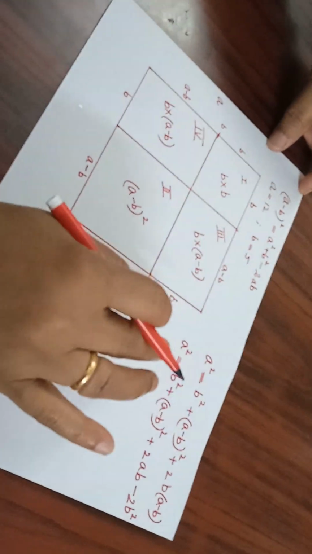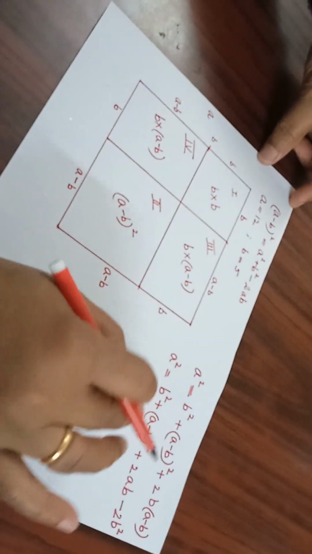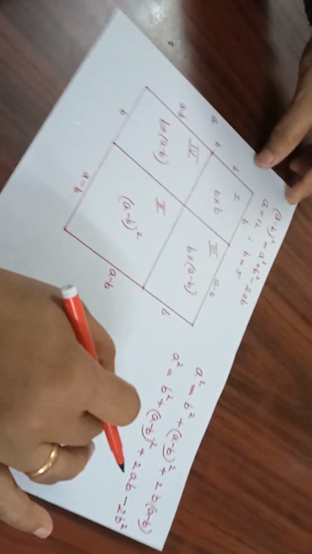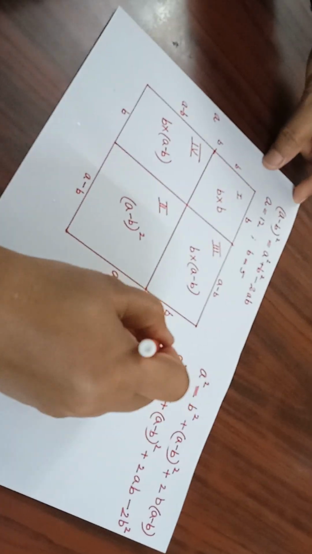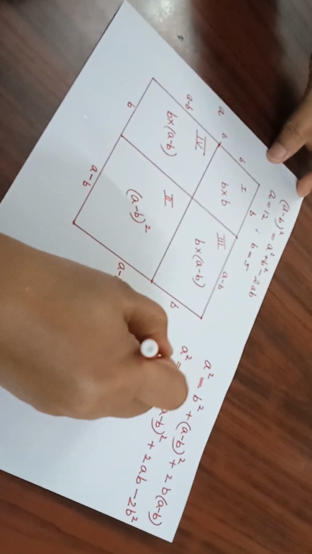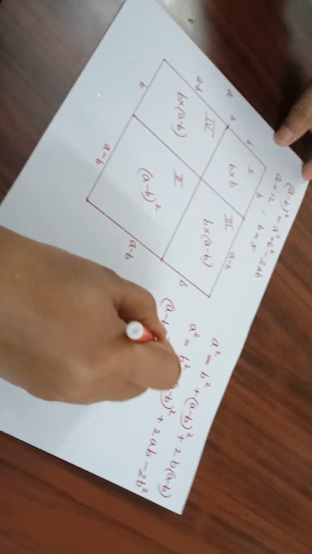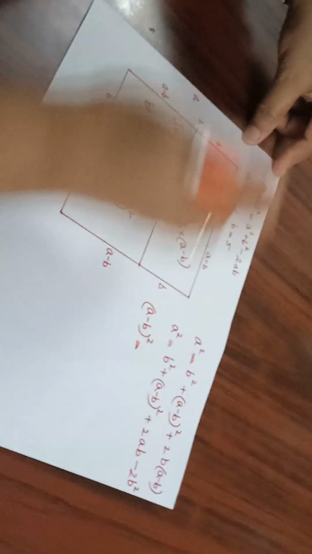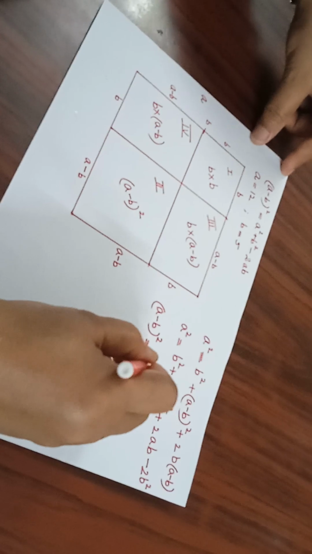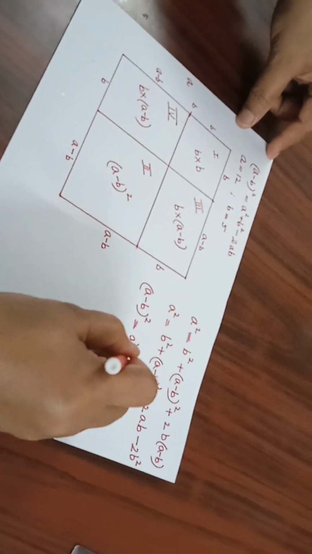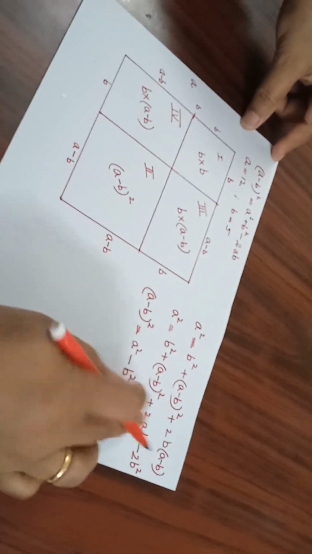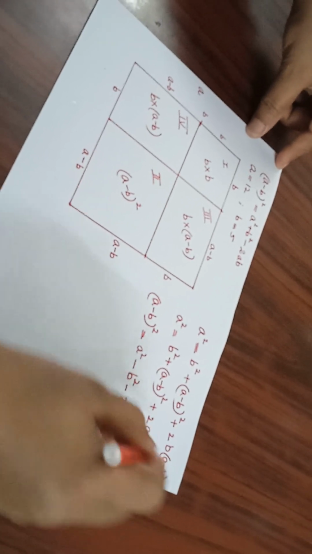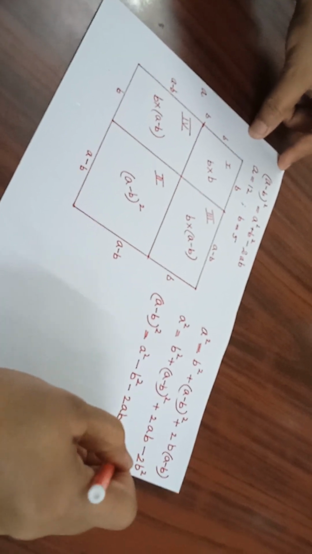Now, I just want to do a little arrangement here and there so that we arrive finally at the identity. So I am going to retain (a minus b) the whole square on one side, and transpose the remaining parts to the left side. That means a square is already existing, b square is going to be minus b square, 2ab will be minus 2ab, and this minus 2b square will become plus 2b square.